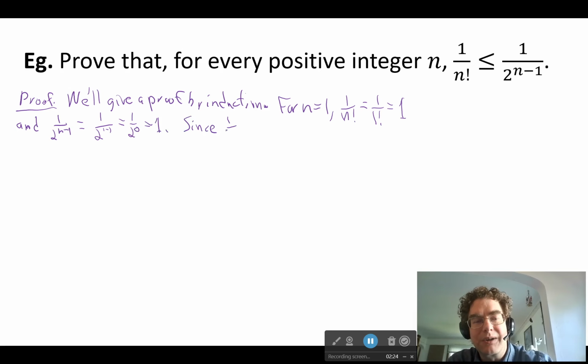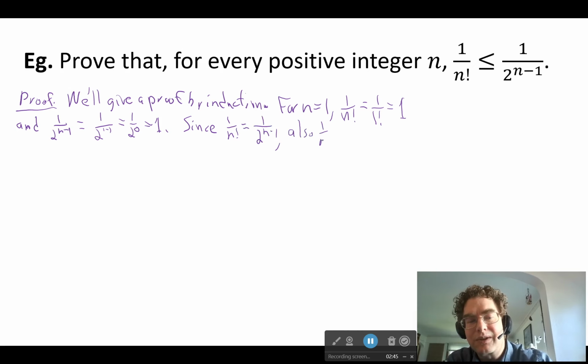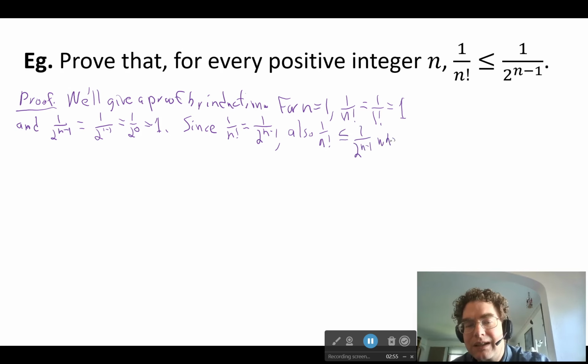So what we actually got here was equality, and that's fine because this is not a strict inequality. It allows equality, so we're fine here. So since 1 over n factorial equals 1 over 2 to the n minus 1, we can also say that 1 over n factorial is less than or equal to 1 over 2 to the n minus 1 when n equals 1.